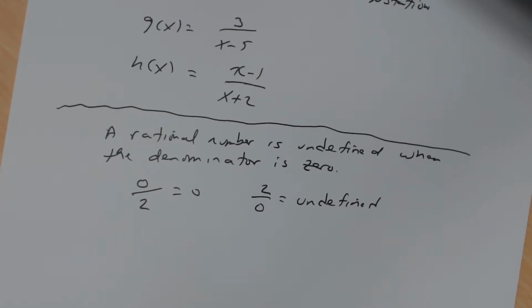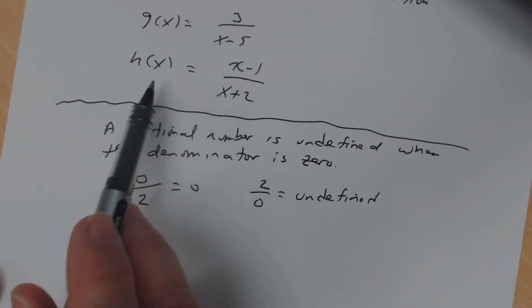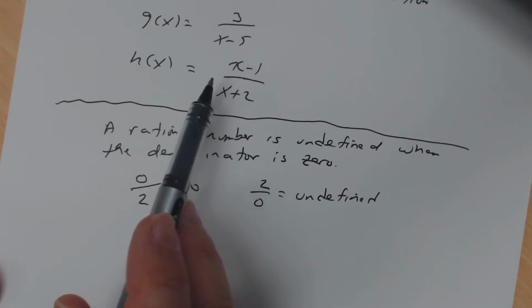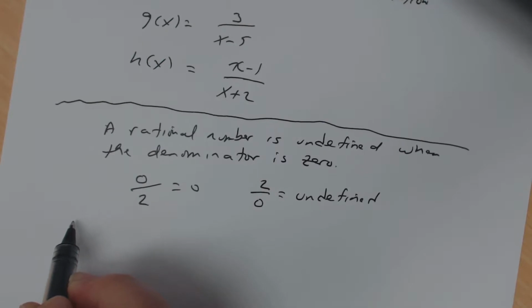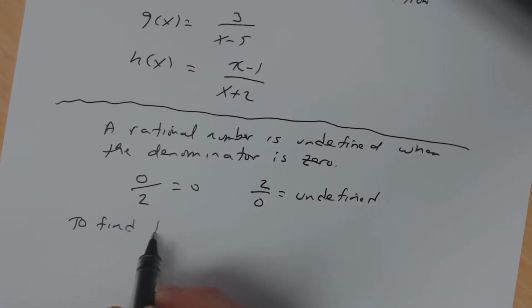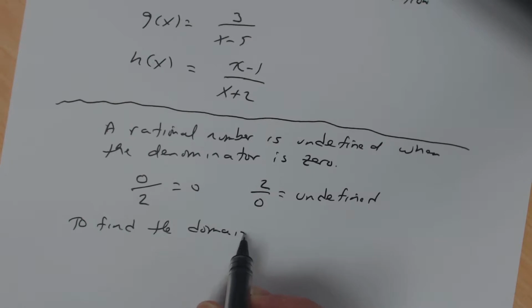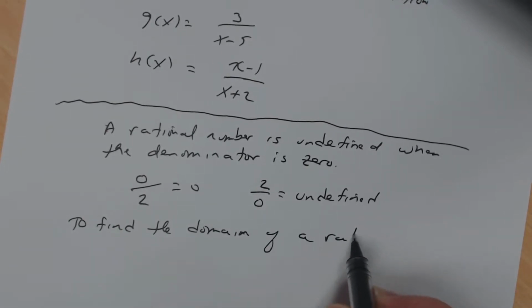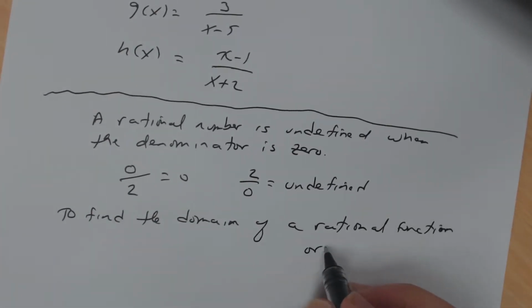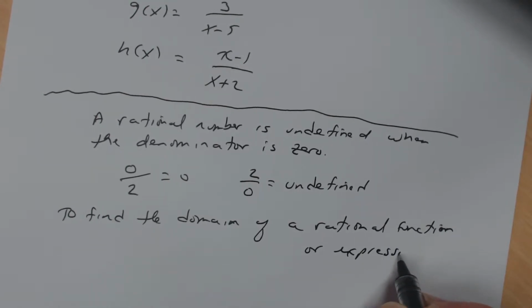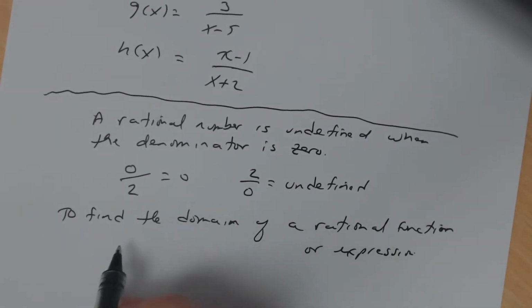So when you're asked to find the domain of a rational function or a rational expression, because sometimes you're going to be asked to do that, for example, let's suppose I had f of x equals 5 over x minus 1.